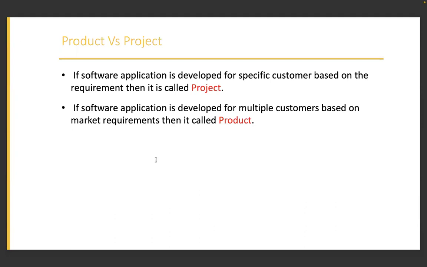Project-based is more like that particular application is developed only for some specific customer. If an application is built only for some specific customer, it means that it comes under the service-based industry, guys. If an application is meant to be made for all the people, right, then that comes under a product-based organization.